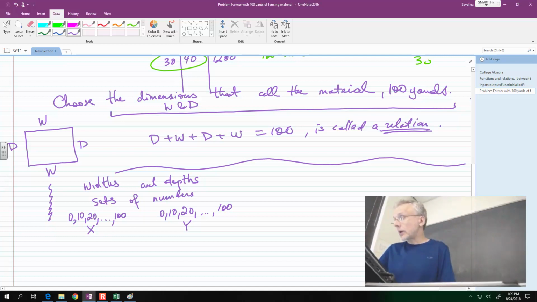But what we're going to do now, we remember how we have done this before, and that is we put them in the form of a table, one for the widths and one for the depths. So depth 0, 10, 20, up to 100, and same for the widths.